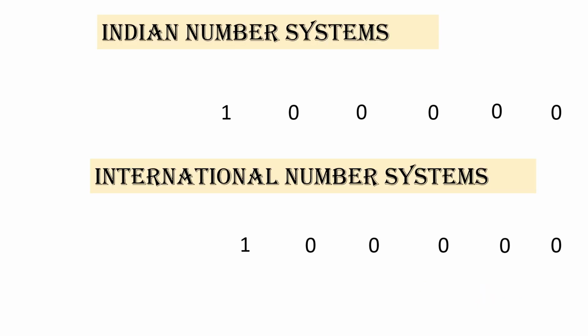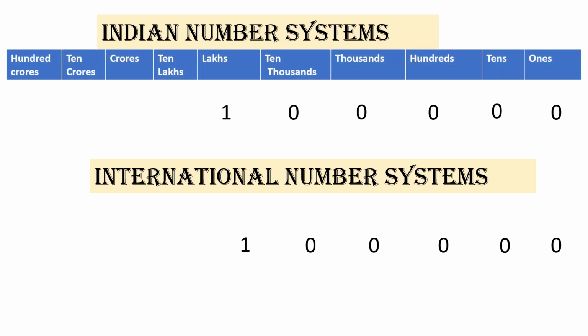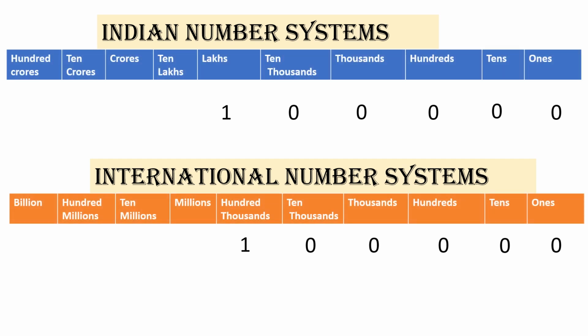Okay, so now there is a comparison with Indian number system and international number system. We are having the same number of digits, but look at the place values. So the value that is 1 lakh in Indian number system is 100,000 in international number system. The rest things are same. From 10,000 to ones, this side is same.